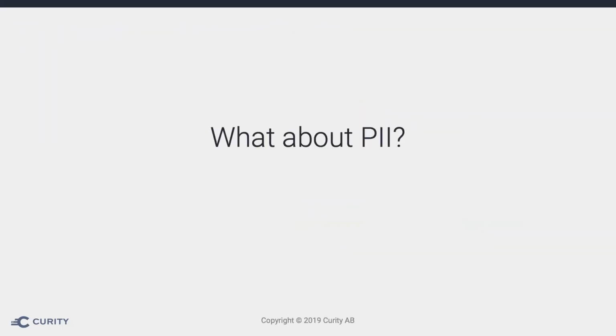But what about PII? In my examples, I had a bunch of information floating around that may not be that sensitive, but at least it had my name in it. We need to hide those types of information from the players that don't need it or are not allowed to see it.